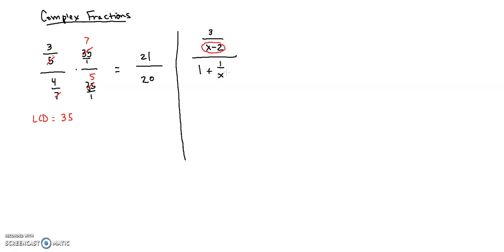My denominators are x minus 2 and x. They don't have anything in common. Remember, x and x minus 2 can't cancel. x can only cancel with x by itself. So my LCD for this is going to be x times x minus 2. So I'm going to multiply on top and bottom by x times x minus 2.